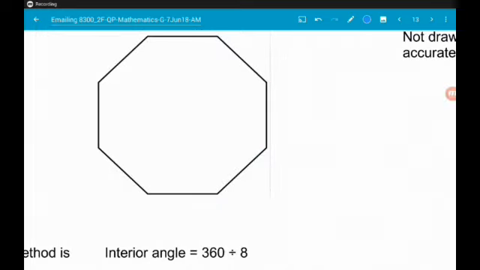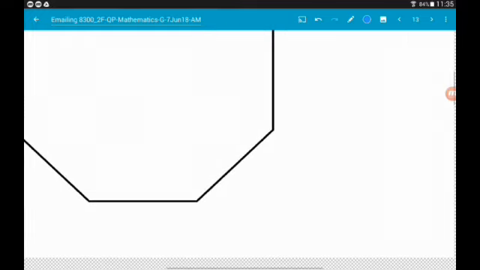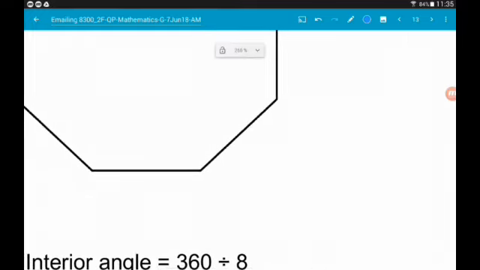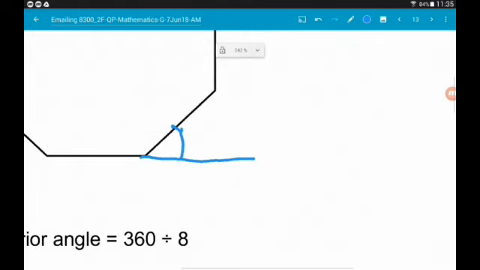Because it's good practice, I've decided to put a little bit extra on this question. First of all, an exterior angle is the angle made between if one side of the shape carried on and the next side of the shape. So that is an exterior angle.